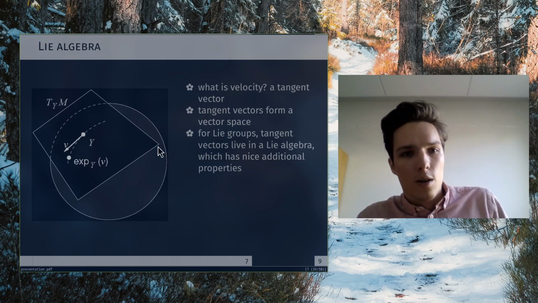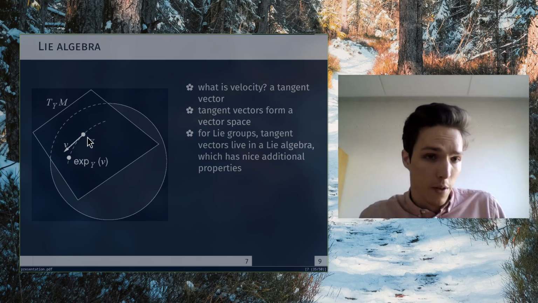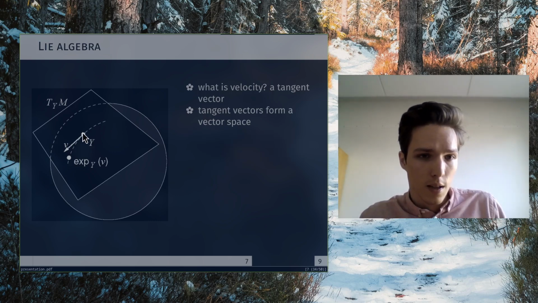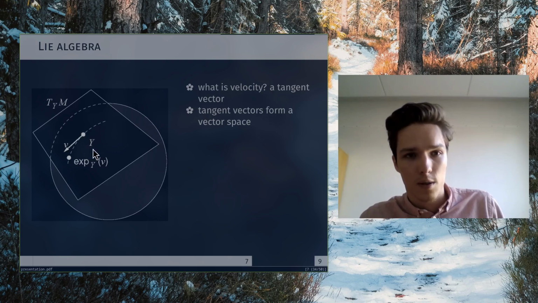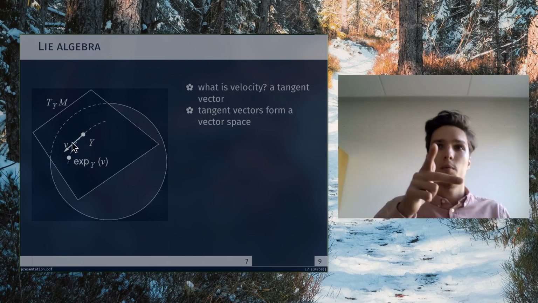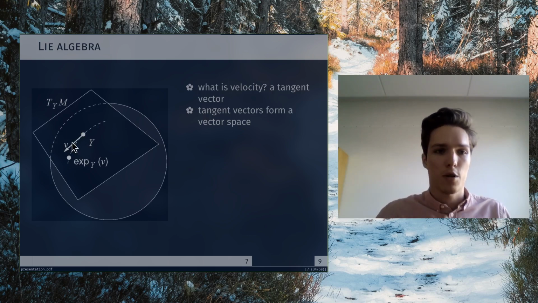If your underlying manifold, so this circle, this sphere, is a Lie group, then I should have said, if you have this tangent vector, you could have a different curve going around here, passing through the same point, and then you would have different velocities at the same point. Of course, if I'm here, I can move in any which direction.